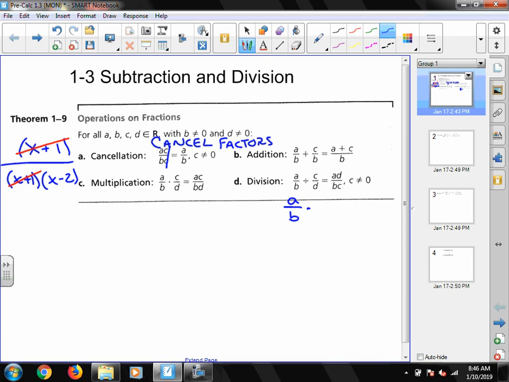So you keep the first one, you change division to multiplication, and you flip the second fraction, so it's going to be D over C. And of course, then you would just multiply just like you did in that multiplication operation that we just talked about. So that's really all there is to dividing fractions. When you multiply that out, obviously you get AD over BC.